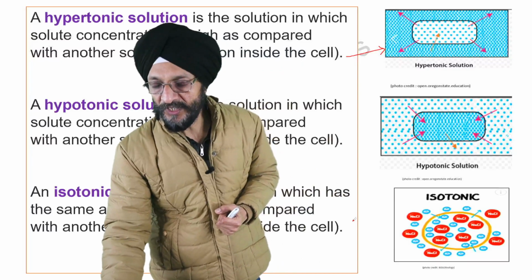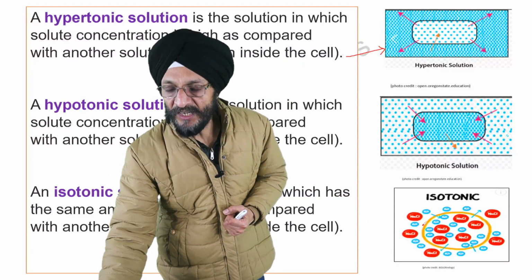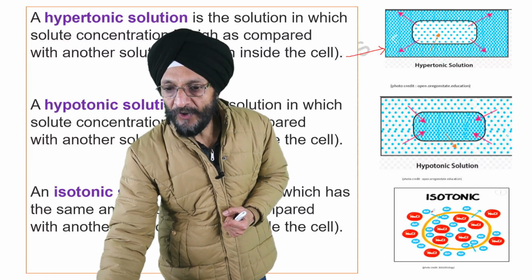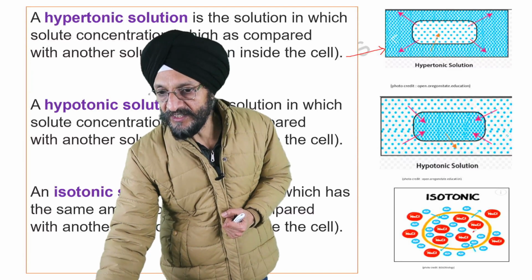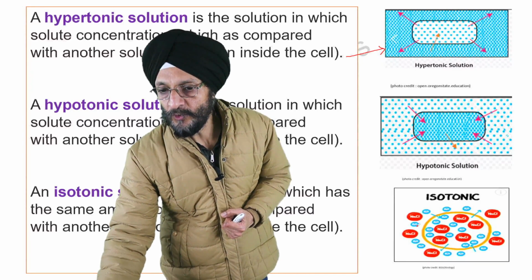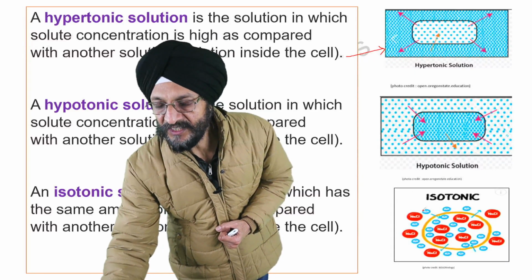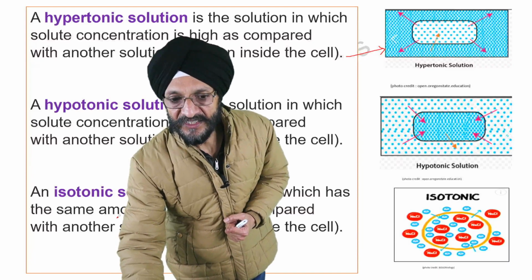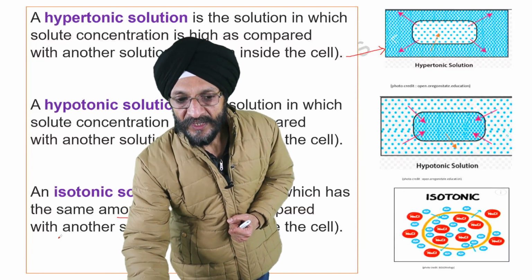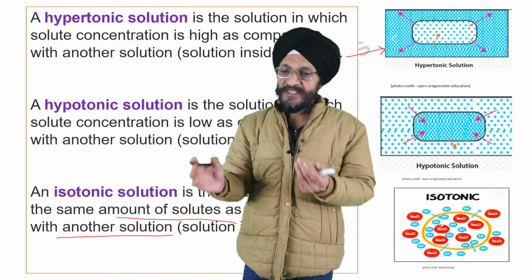So now let us talk about the isotonic solution. If we assume that this is the cell and you find that the number of solutes inside the cell and the number of solutes outside the cell are equal, then outside the cell, this is the isotonic solution, which has the same amount of solutes as compared with another solution, that is the solution inside the cell.